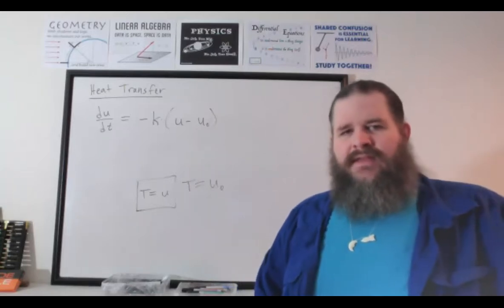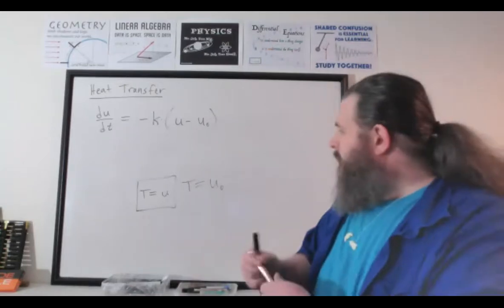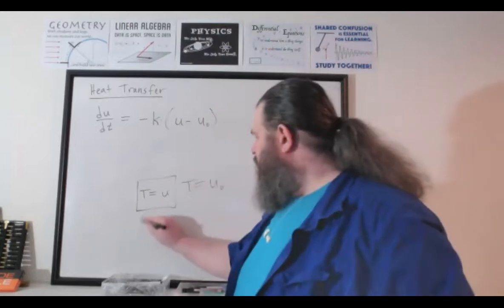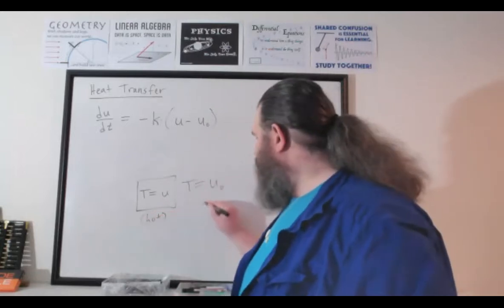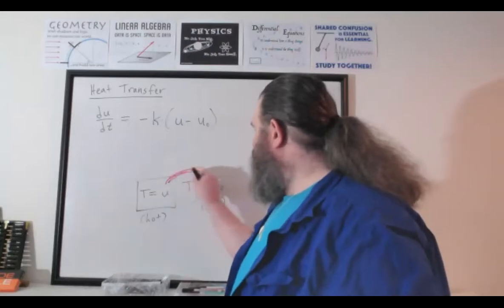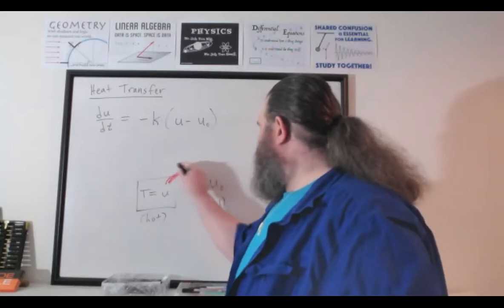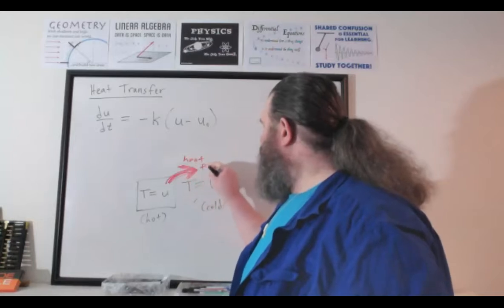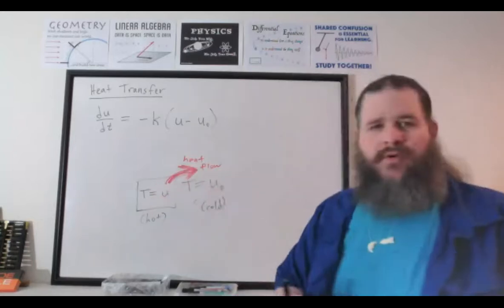Right, in the sense that the heat is transferring from the hot object to the cold object. Yes. If the object is hot and the surroundings are cold, you're going to have heat flow from the hot object to the cold object.